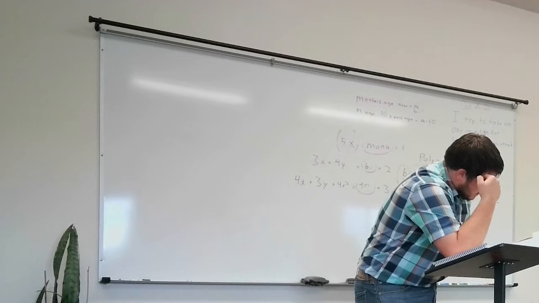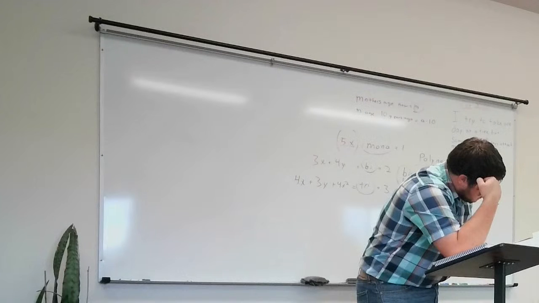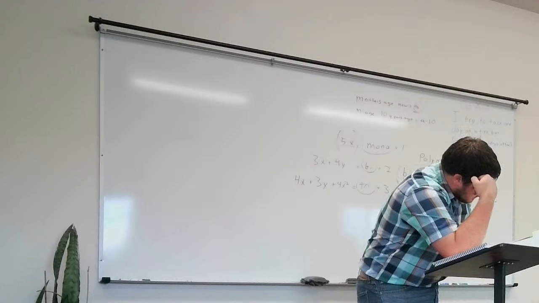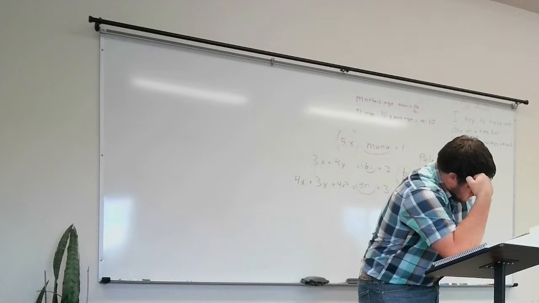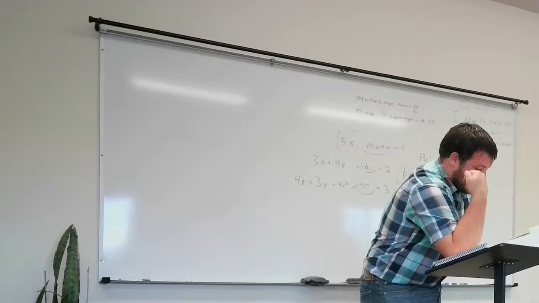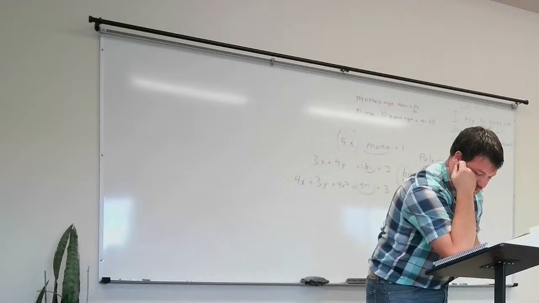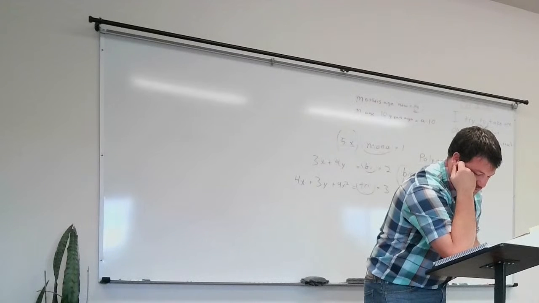So that's a 7th degree. The degree is found by comparing the degree of each term. The term with the highest degree is the degree of the polynomial. Yes, that would make sense. So number 9, a trinomial with 2 variables of the 2nd degree.